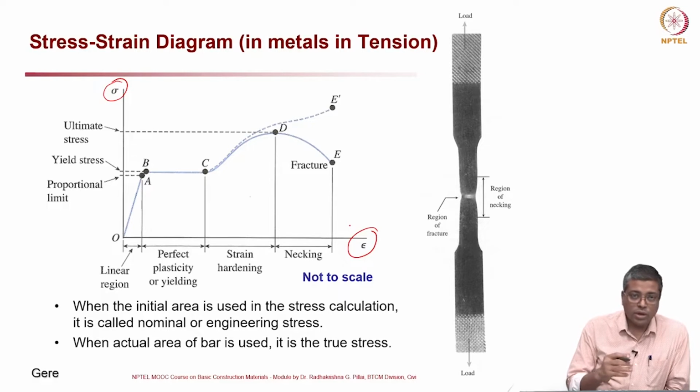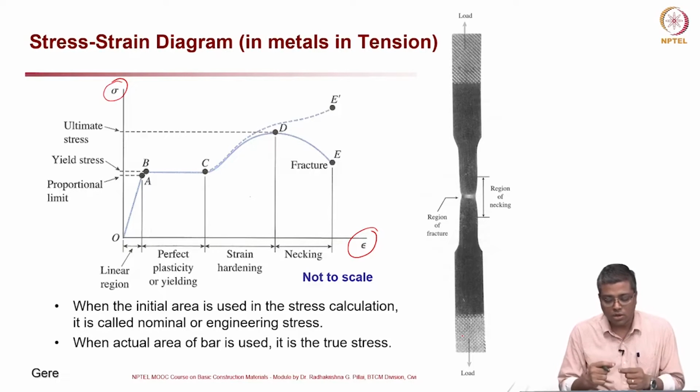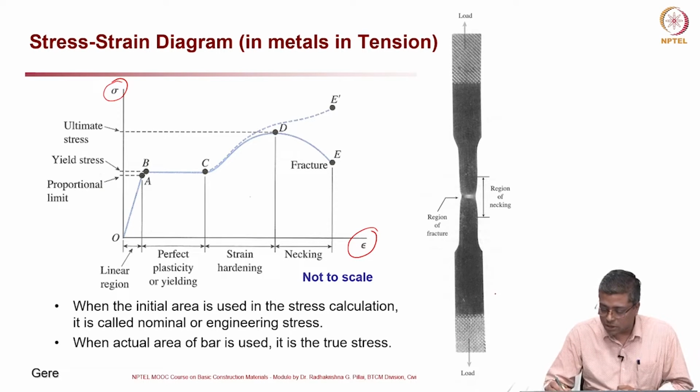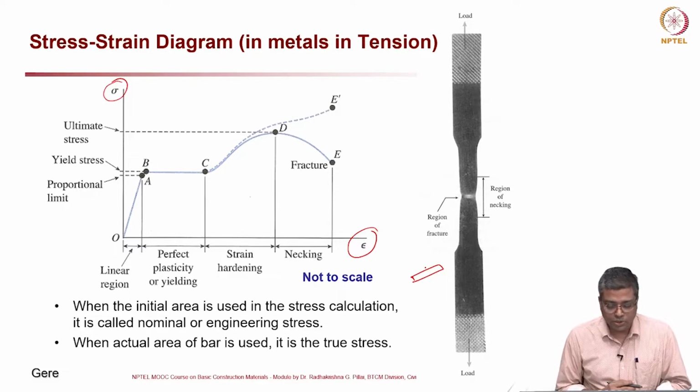Now, when you calculate the stress, assume that this is a specimen on the right side, a steel specimen. We usually call it a coupon specimen. It is a flat piece, so the cross section would be something like this, or you can take circular, whatever it is. Typically it is a flat coupon specimen.